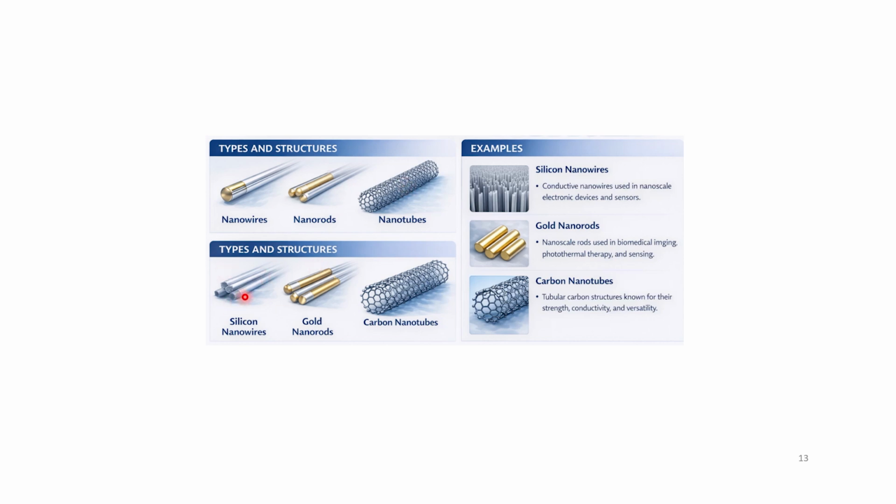Silicon nanowires, gold nanorods and carbon nanotubes, these are the examples. So silicon nanowires, what are these? These are conductive nanowires that are used in nanoscale electronic devices and sensors. So silicon nanowires are already in use.